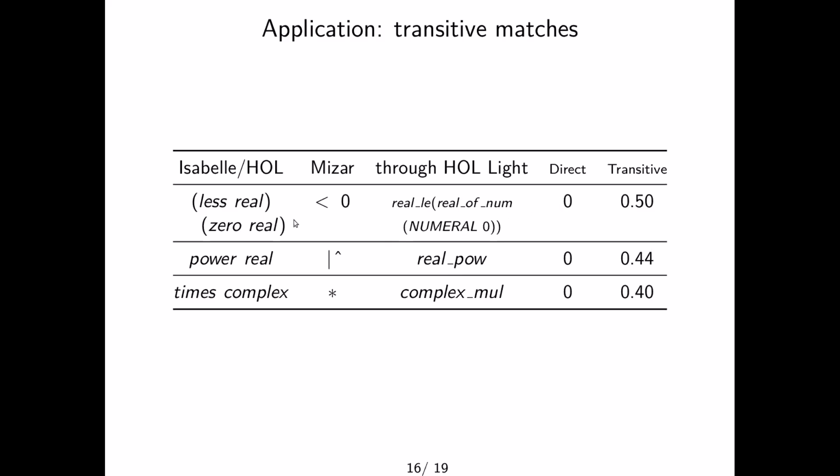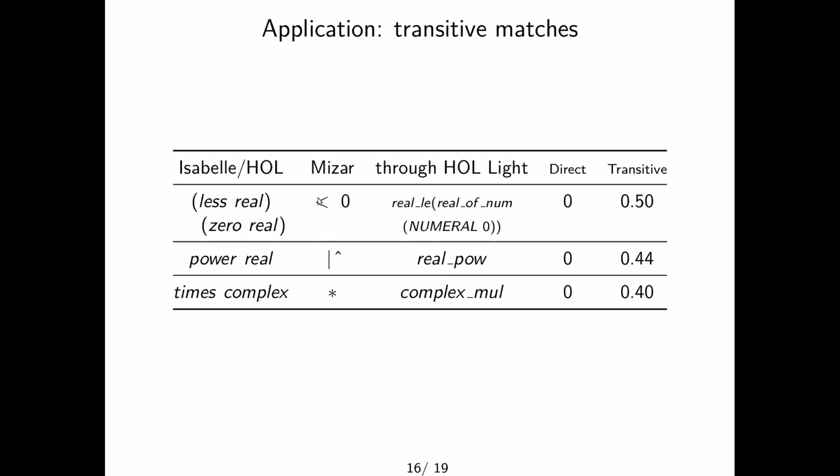But if you look at the transitive mapping, meaning if you look at the score you get if you map Isabelle with HOL Light and Mizar with HOL Light for this constant, you can multiply the two scores and you get the transitive mapping of 0.5.